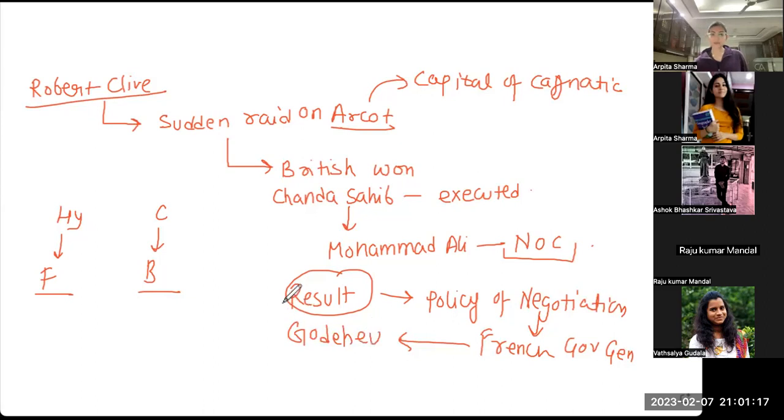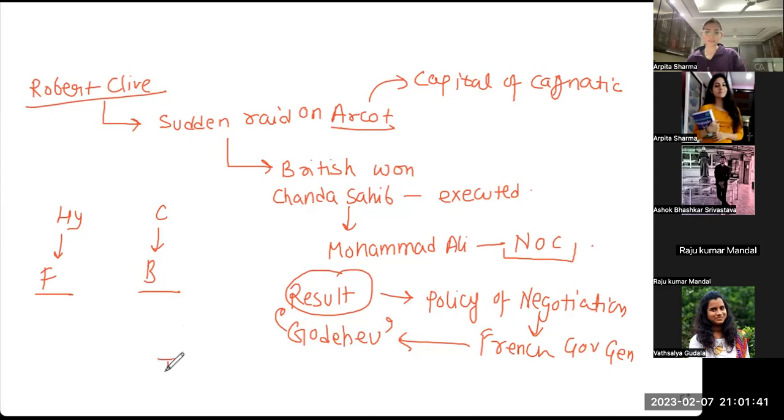Dupleix was called back to France, and policy of negotiation was established, because now they knew Britishers can do anything to win back their territory and their land. So they can backstab us also. That is why he said, okay, stop, let us not fight, let us sit and negotiate.